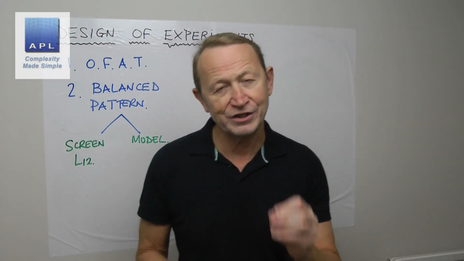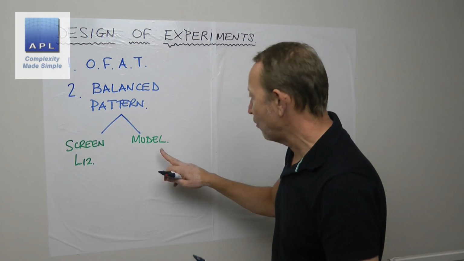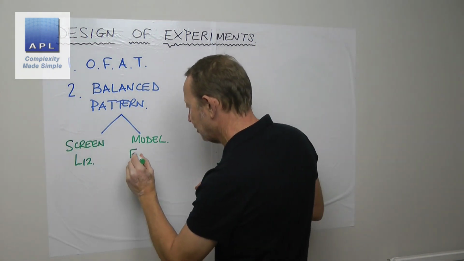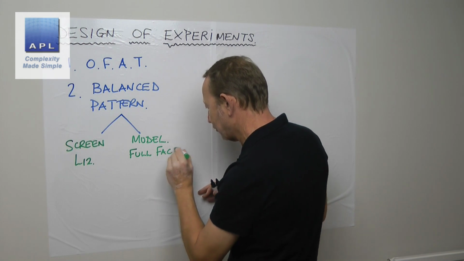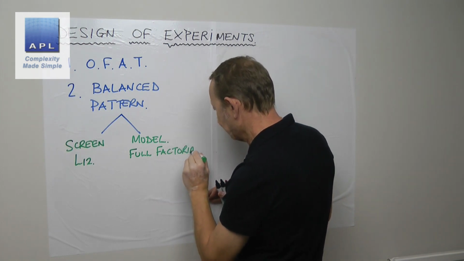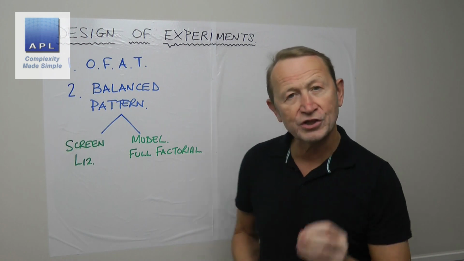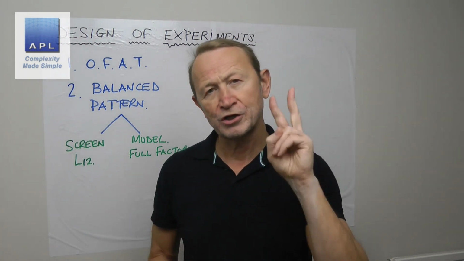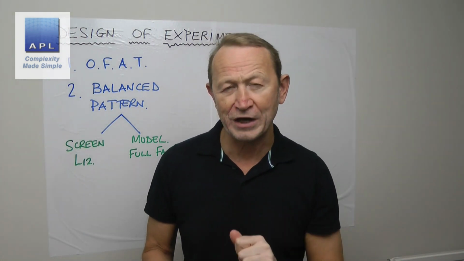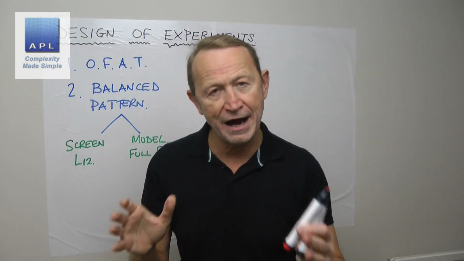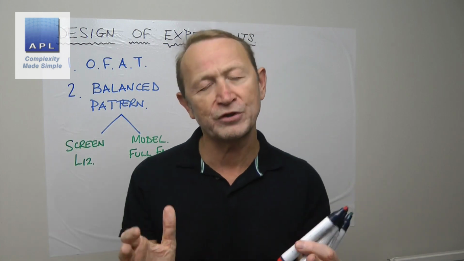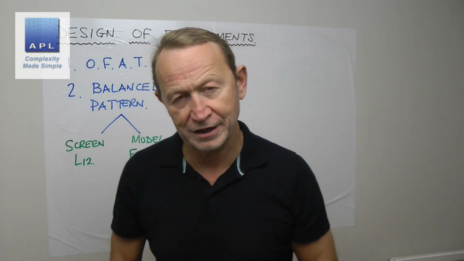We have also practiced a modeling DOE. Modeling DOEs are typically full factorials. We've practiced a 2 by 2, 2 variables at 2 levels, and you've done a little hand calculation and seen how the computer would do that analysis.